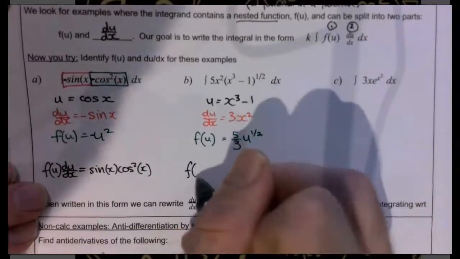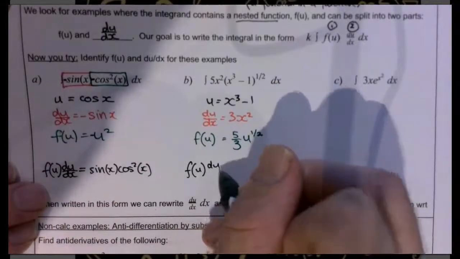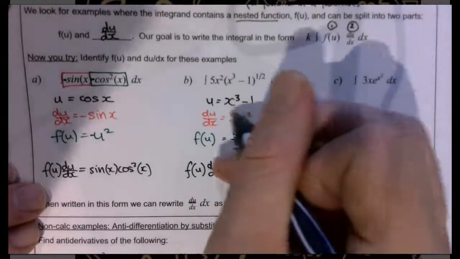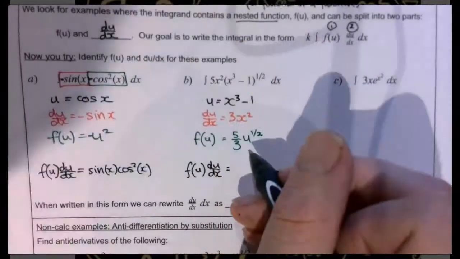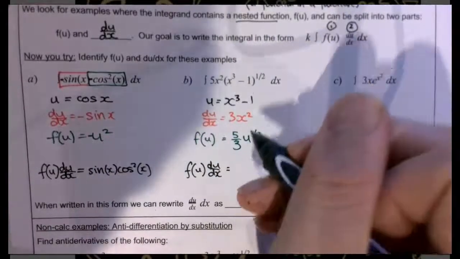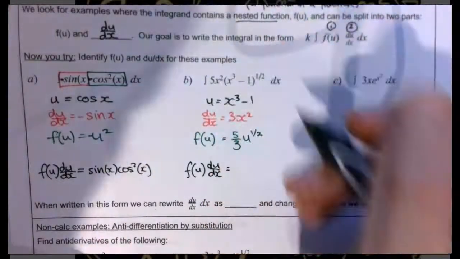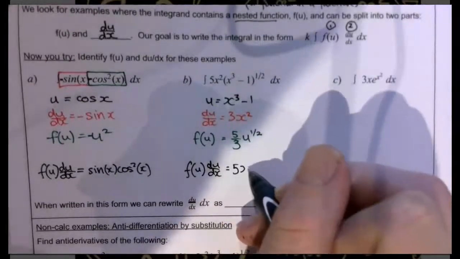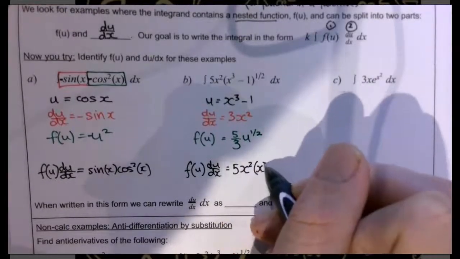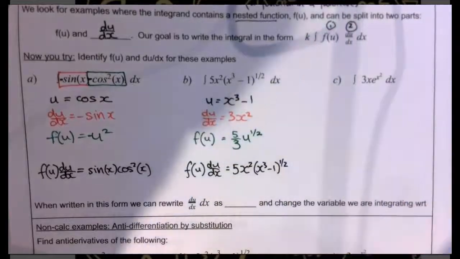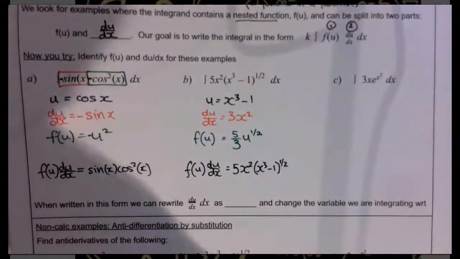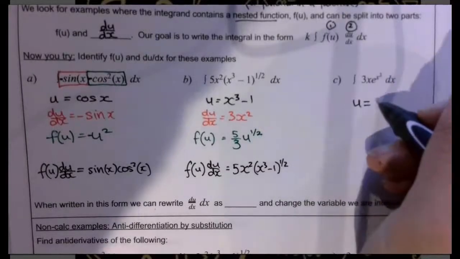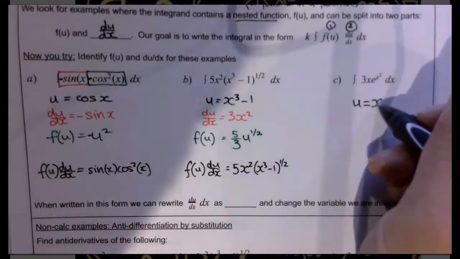With this one here, if I multiply this by this and substitute in x cubed minus 1, I get the expression in the integrand, which is what we're looking for. So I multiply those two together, and I get 5x squared times u to the power a half. For the last one, for an exponential, what we're going to do is let u be x squared.